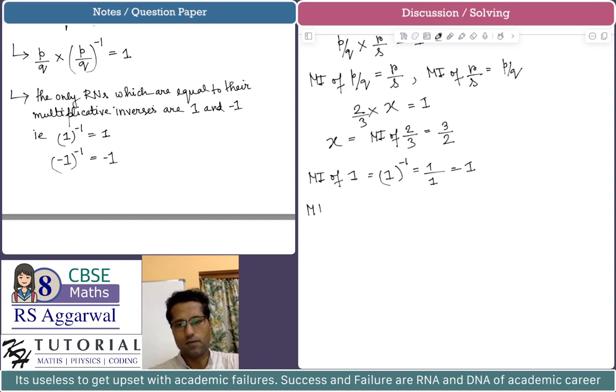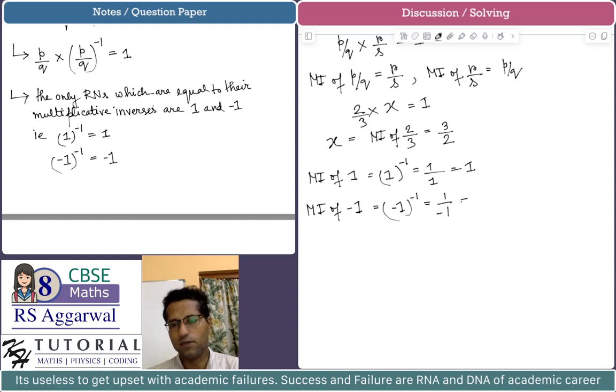Also you see the multiplicative inverse of minus 1, the notation is minus 1 to the power minus 1, but concept wise, mathematically we know that minus 1 is minus 1 by 1, and if you interchange the numerator and the denominator of minus 1 by 1, it will be 1 by minus 1.